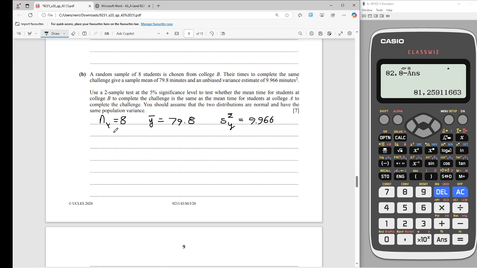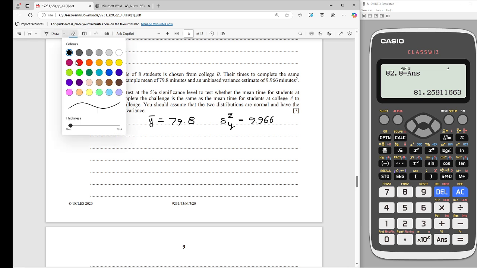When we're testing, we always have to write our hypotheses. Let's put it in blue, as last time.